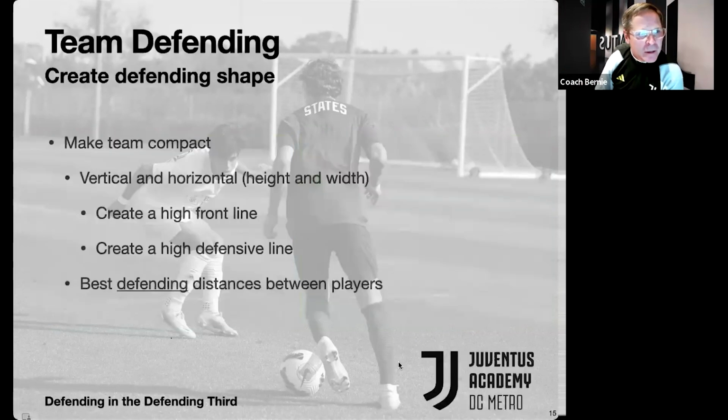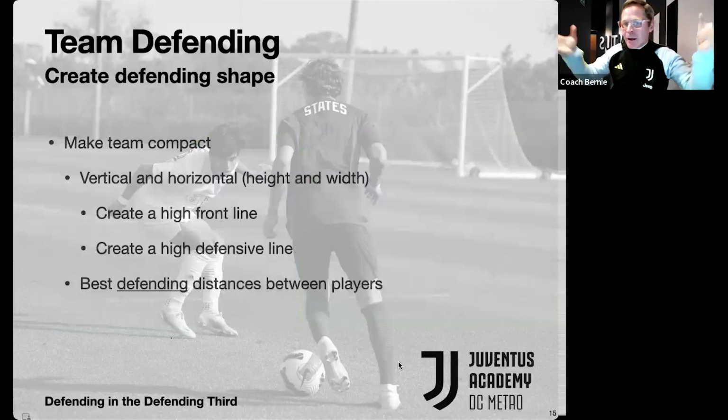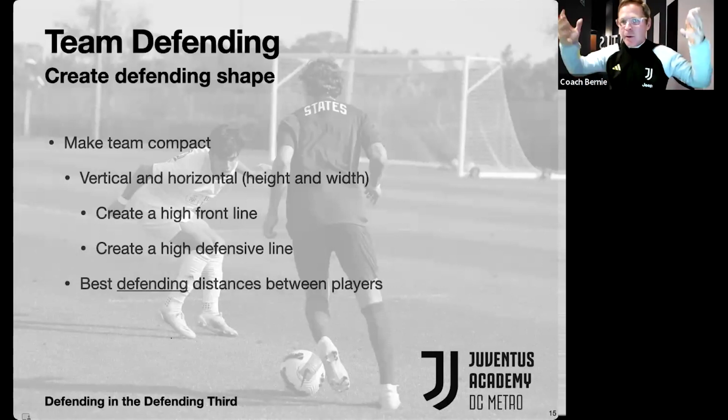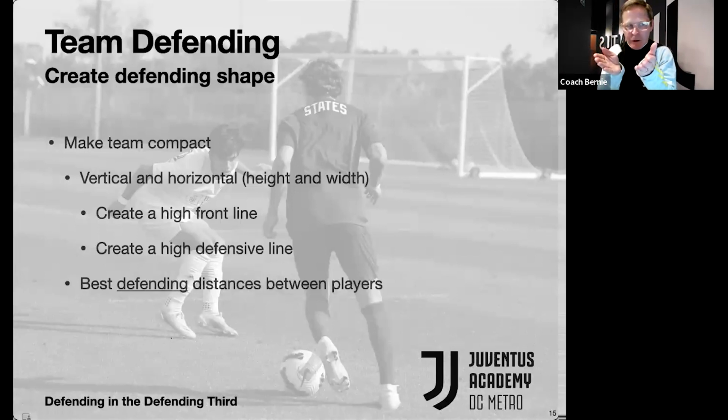Okay, so when we're making the team compact, right? Coaches are going to talk to you all the time about your width. Get wide, get tight. And most of the time, we're talking about the horizontal, our width. Get wide on the attack, get compact on defense.